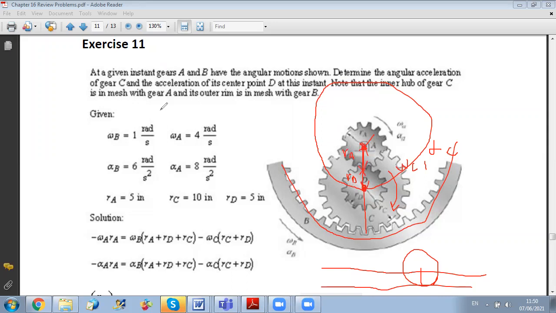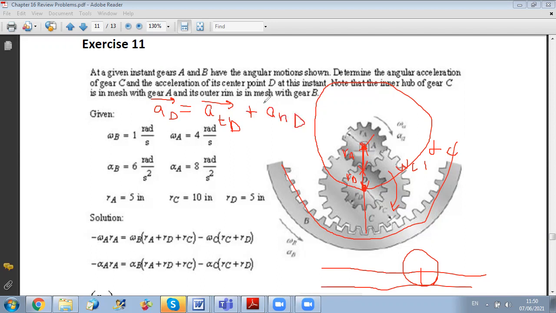We can say that the acceleration of point D is decomposed into two components: the tangential acceleration, AT of point D, plus a normal component, AN of point D.